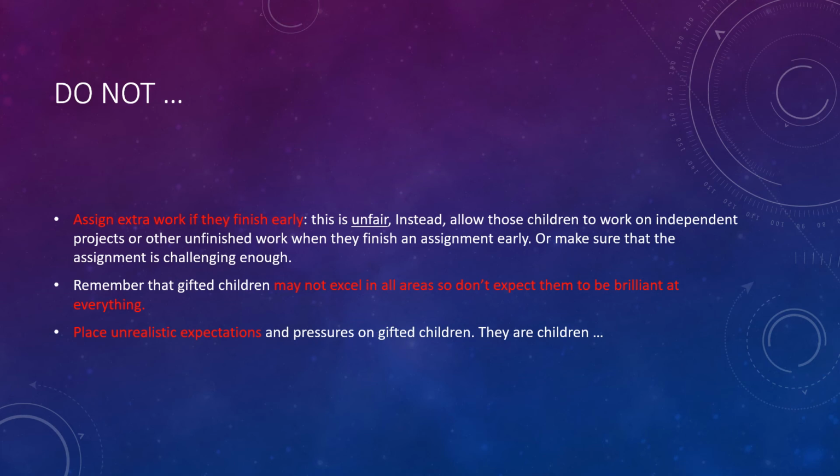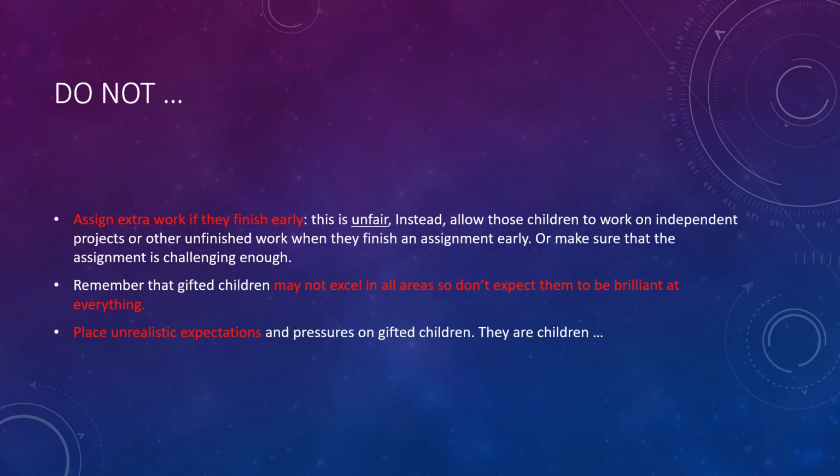And things that we should avoid, things that we should not do. The first one is something that many of us do, which is assign extra work. So if they finish early, give them an extra task. We never imagine how unfair this is for them, because basically we're punishing them for being gifted by giving them extra work.